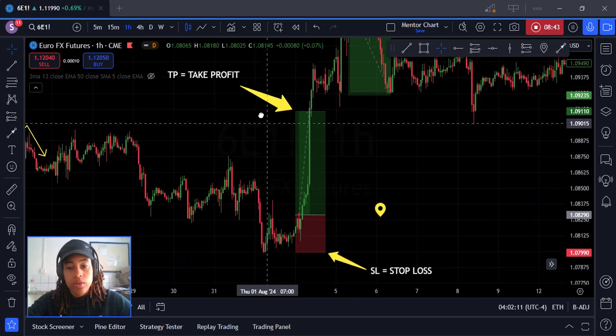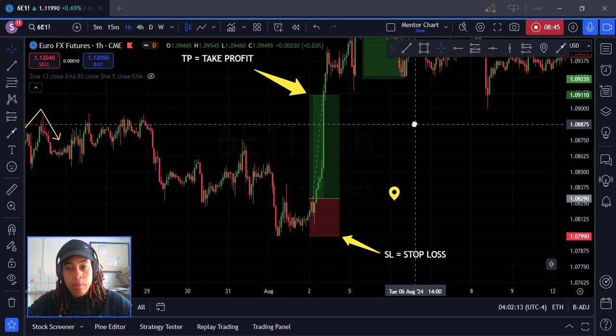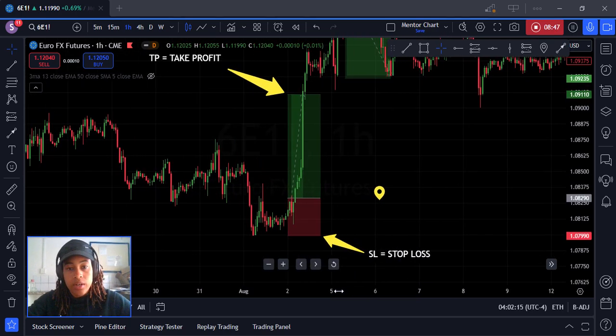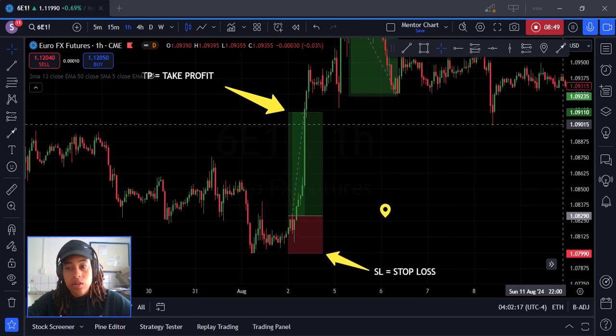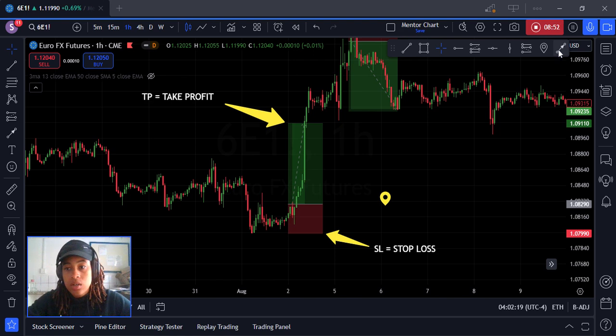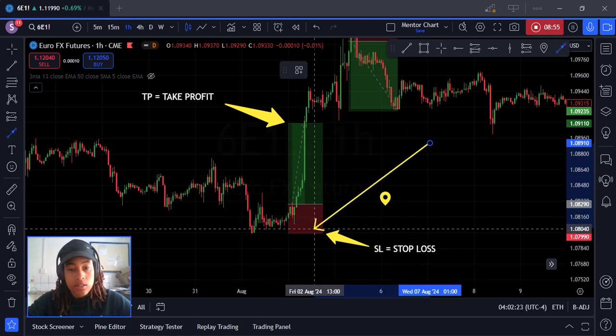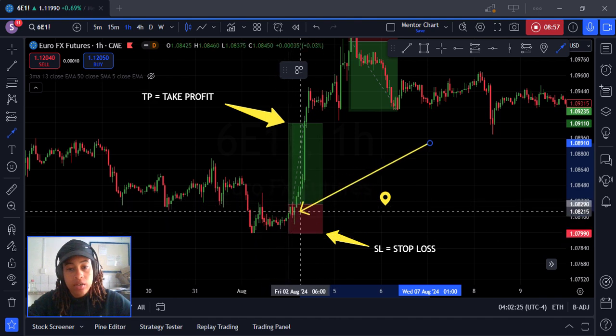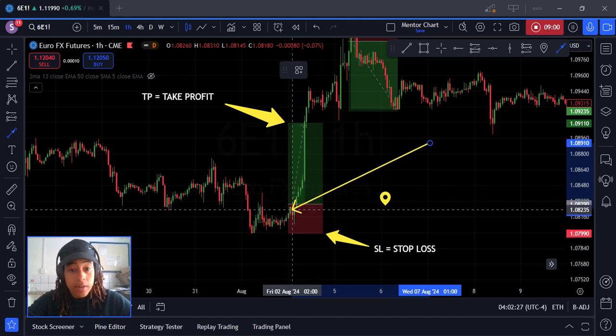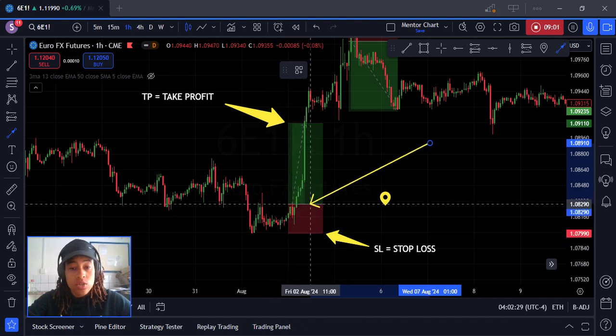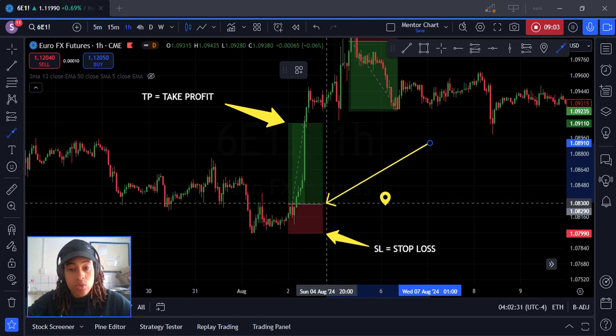Let's go over here. Remember that I just pulled out this tool right here. Let's say that this area right here, you wanted to trade, and you entered in the trade. So this line exactly right here is where I've entered.